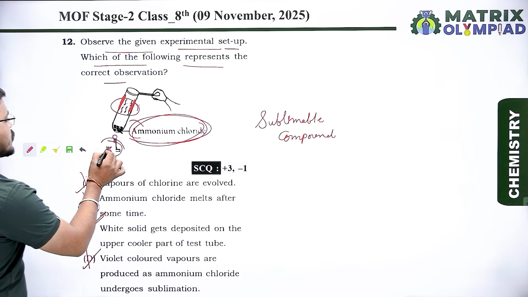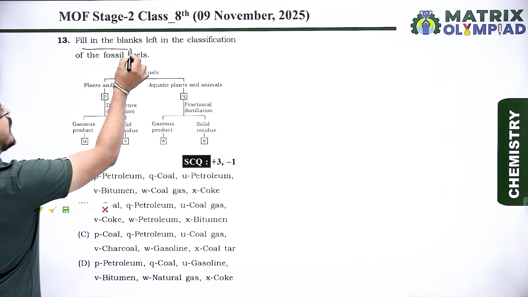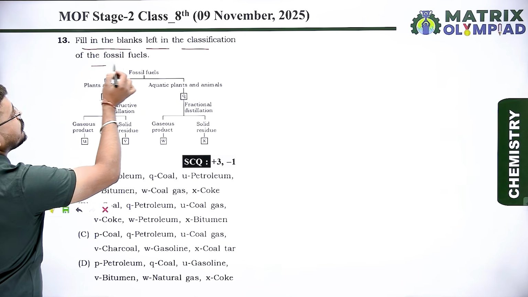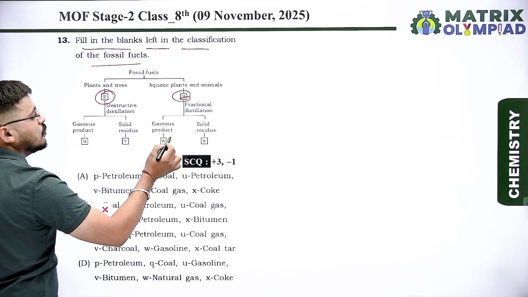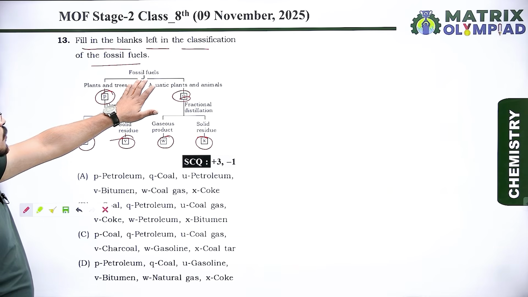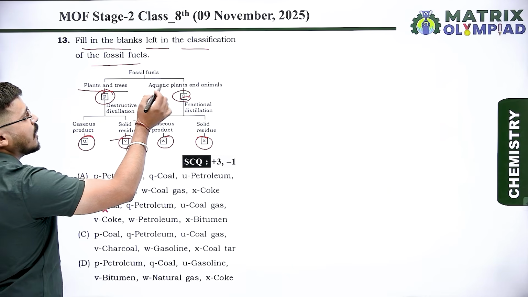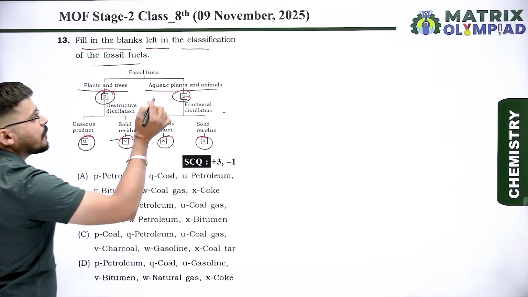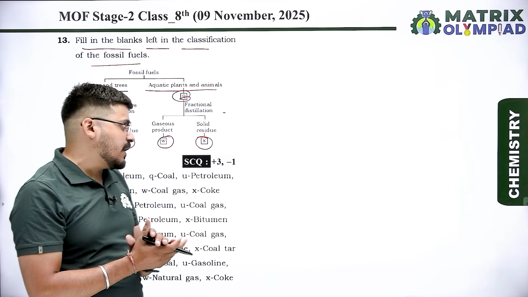Let's move to the next question, question number 13. In question number 13, fill in the blanks left in the classification of fossil fuels. Here are some blanks: P, Q, W, X, V, and U. Fossil fuels are formed from plants and trees, and from aquatic plants and animals buried under high temperature and pressure.